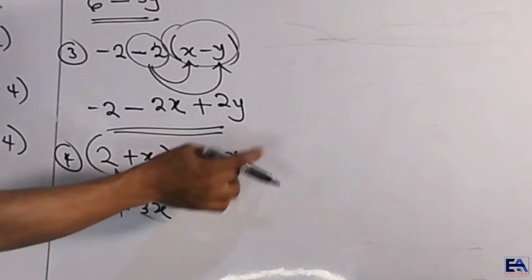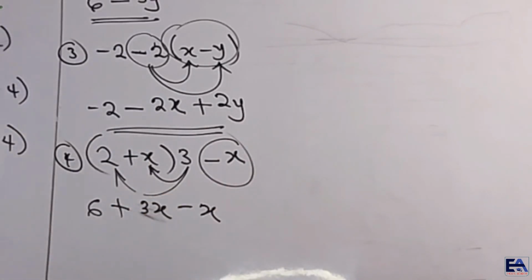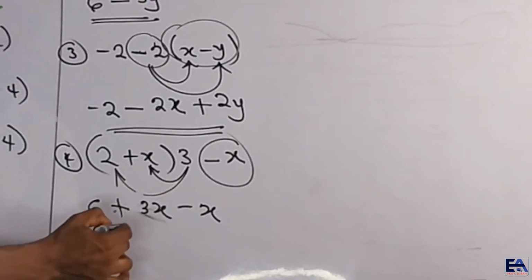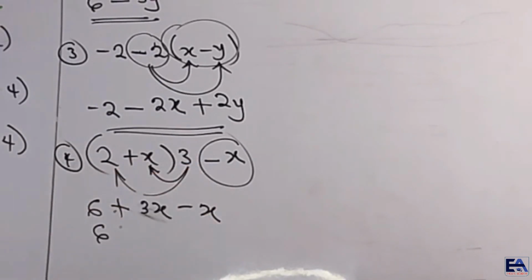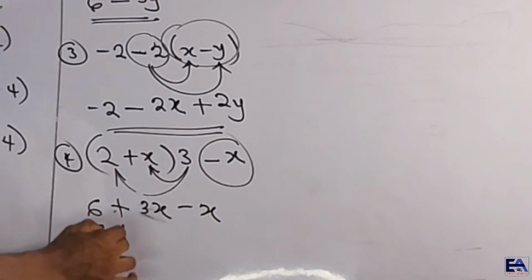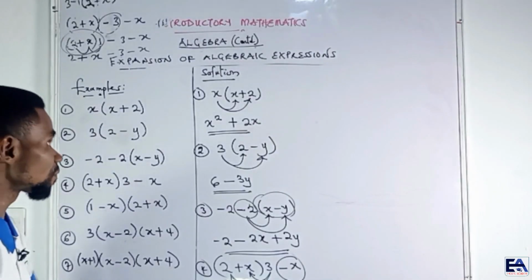Then this guy is just standing alone, so you repeat it as minus x, okay? Now, finally, we have 6 plus 3x minus x will give you, I'm having 3x, I'm owing 1x, so I'm still having 2x, and that's it. Okay, so that's that for that.